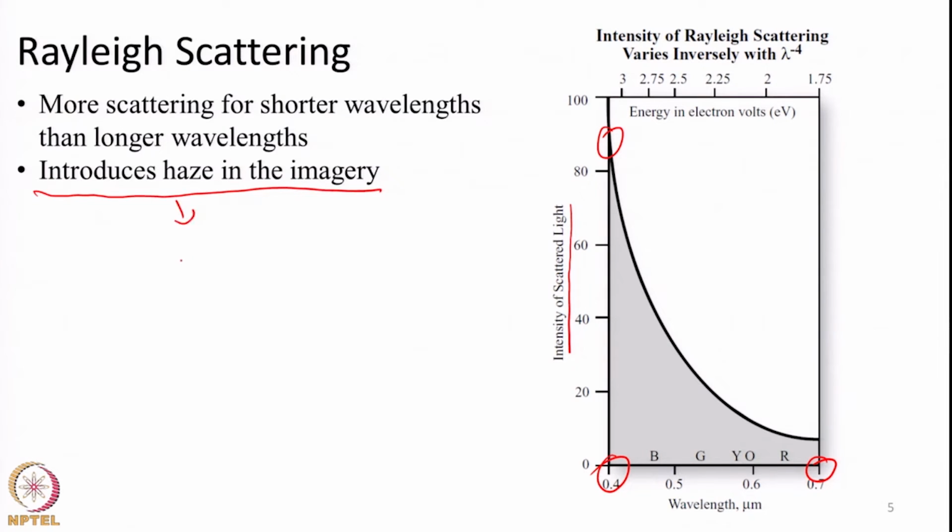Haze means the image will be unclear, it will have a dusty appearance, and it will reduce the contrast in the imagery. We will see briefly what effect the reduction in contrast has in some other lectures later in the course.